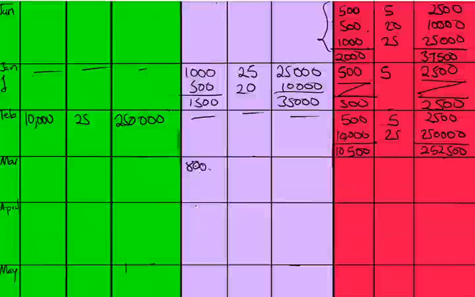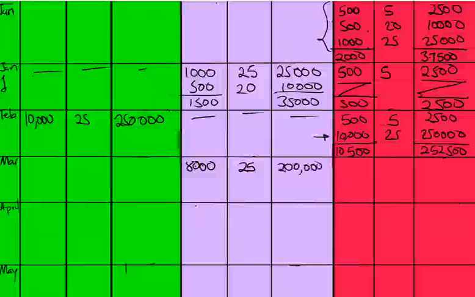So 8,000 will be costed at 25, because it's going to come from the bunch of 10,000. If you multiply that, that's 200,000. So that's the value.